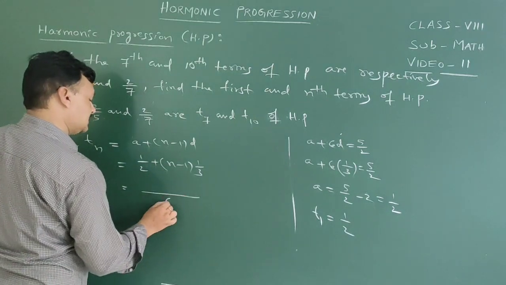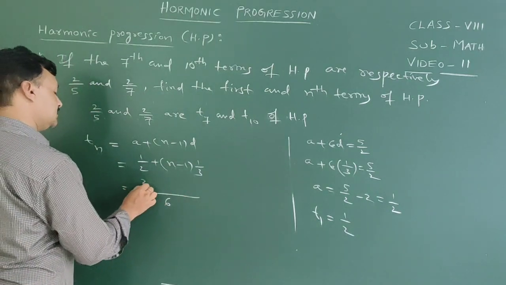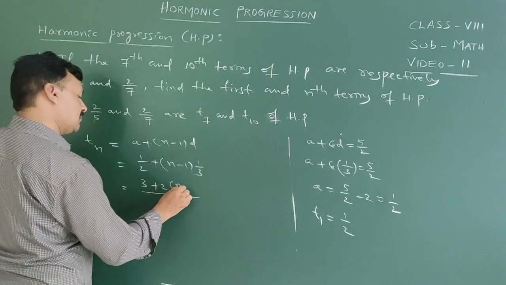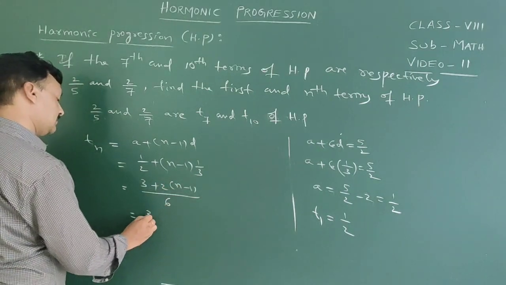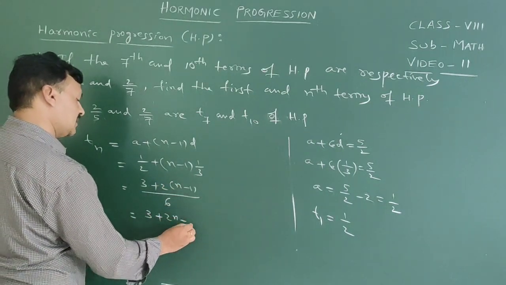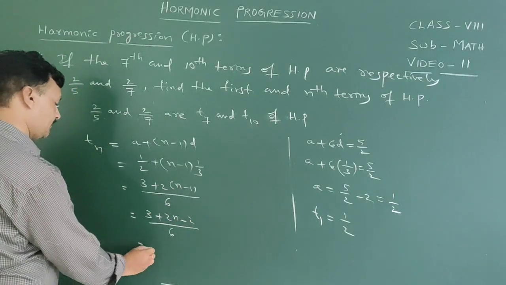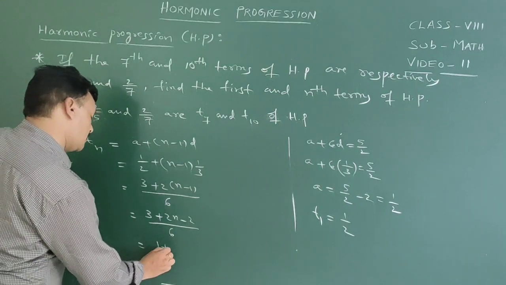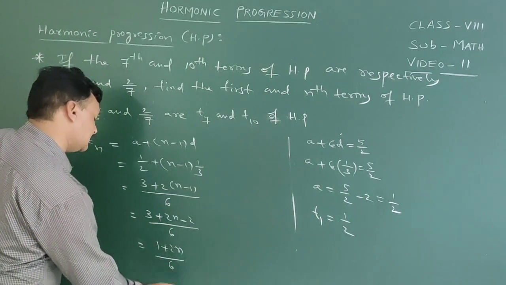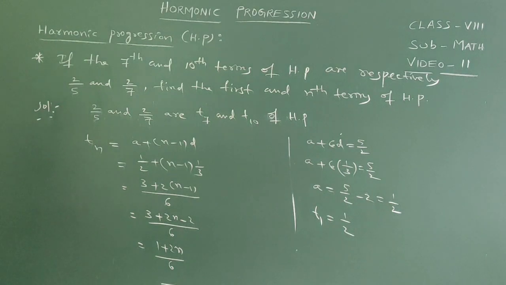So taking the common denominator 6, 3 plus 2 into n minus 1, so 3 plus 2n minus 2 by 6, and here 1 plus 2n by 6, or 2n plus 1 by 6, is its nth term. Okay.